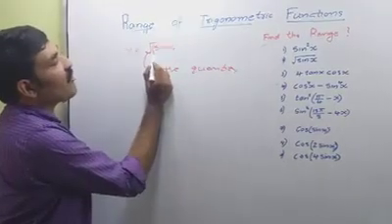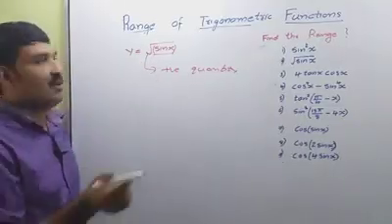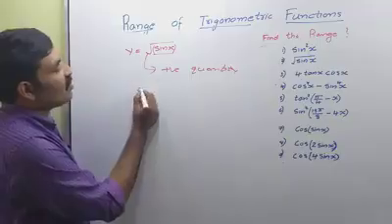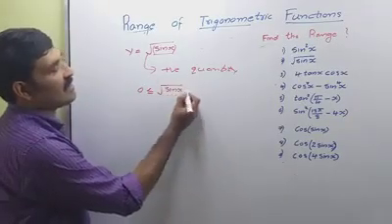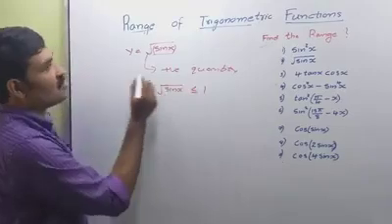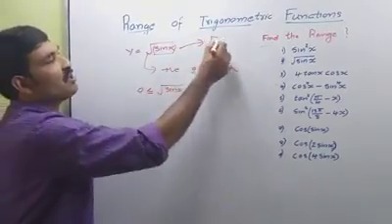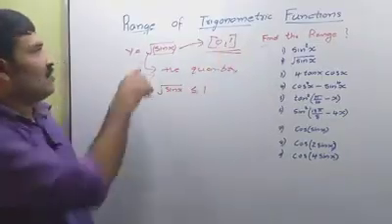So the value of sin x should be positive inside the square root, since this is a real valued function. So 0 less than or equal to square root of sin x less than or equal to 1. So root of sin x belongs to the closed interval 0 and 1. So this is the range of this function.